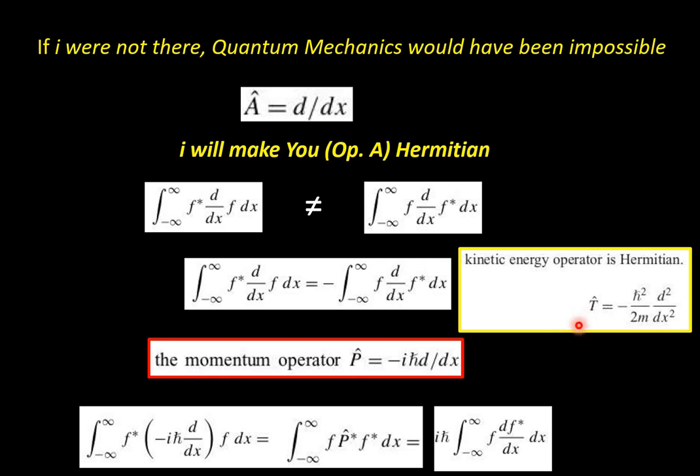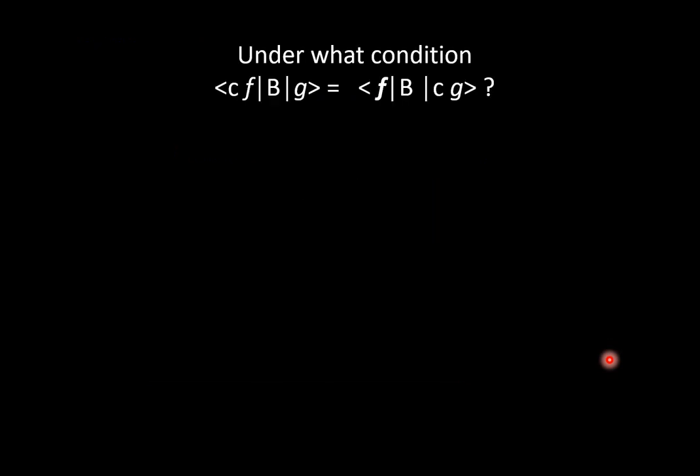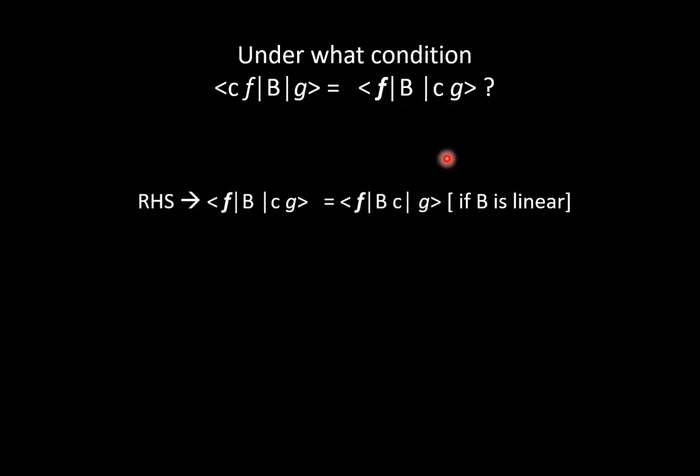That's a home task: you can show in the same way that the kinetic energy operator is also a Hermitian operator. Well, a few questions. Under what condition is ⟨cf|Bg⟩ equal to ⟨f|B cg⟩? Okay, so let us see. Right hand side, ⟨f|B(cg)⟩.